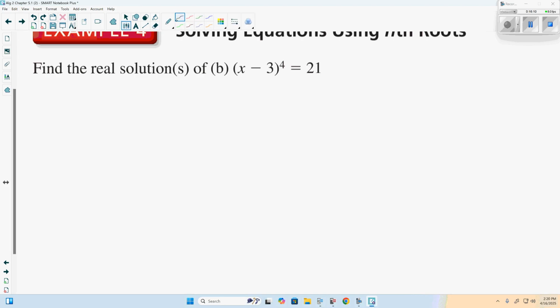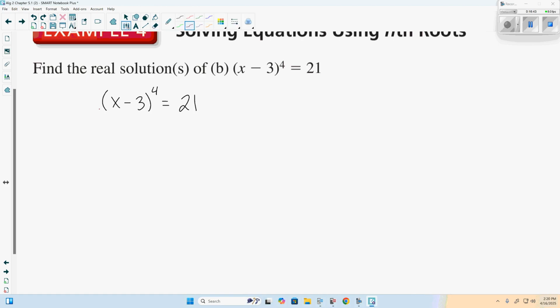All right. x minus 3 to the fourth equals 21. Is our term to a power by itself? What's our term to a power? x minus 3. Do we have a number being multiplied in front? No. Do we have a number being added to it? So it is our term to a power by itself.